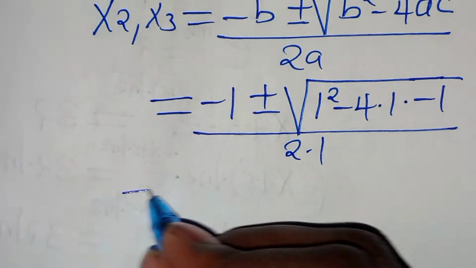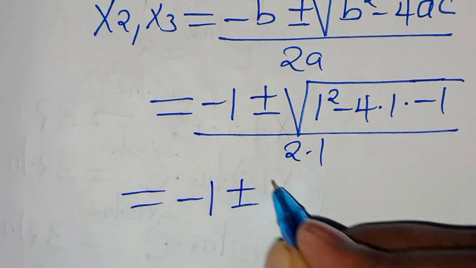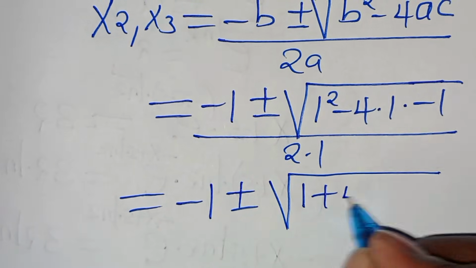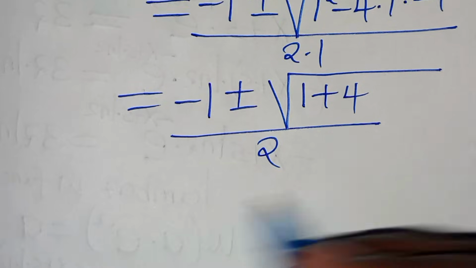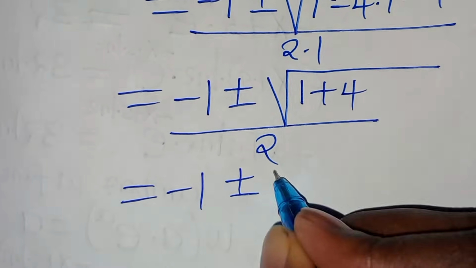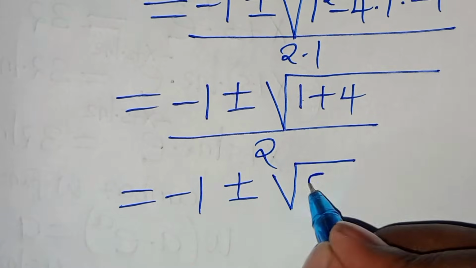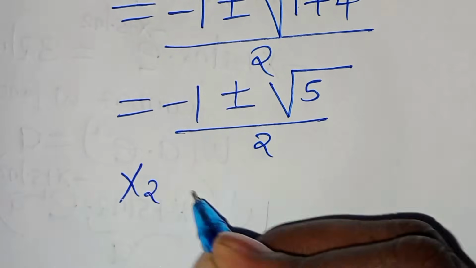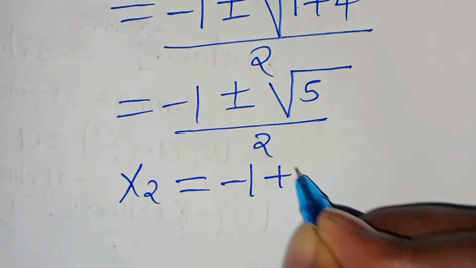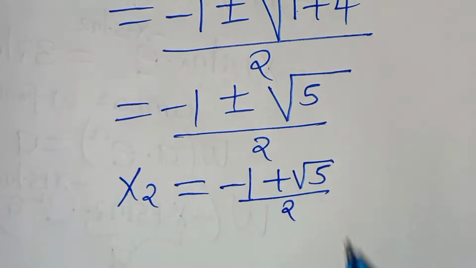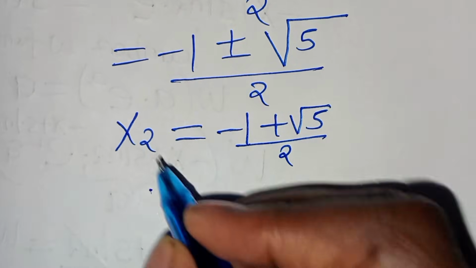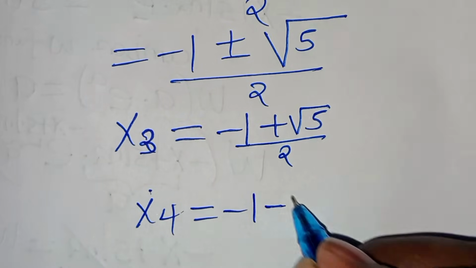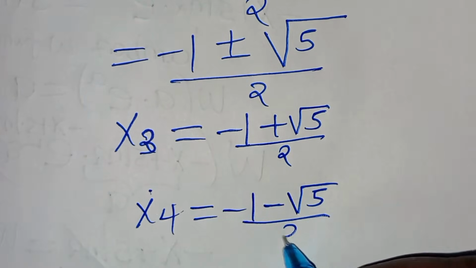And this implies that here we have minus 1 plus or minus the square root of 1 squared, this is 1, minus 4 times minus 1, this is plus 4, divided by 2. So this is the same thing as minus 1 plus or minus the square root of 1 plus 4, this is 5, divided by 2. So we have x3, this is negative 1 plus square root of 5, divided by 2. Then we have x4 is equal to negative 1 minus square root of 5 divided by 2.